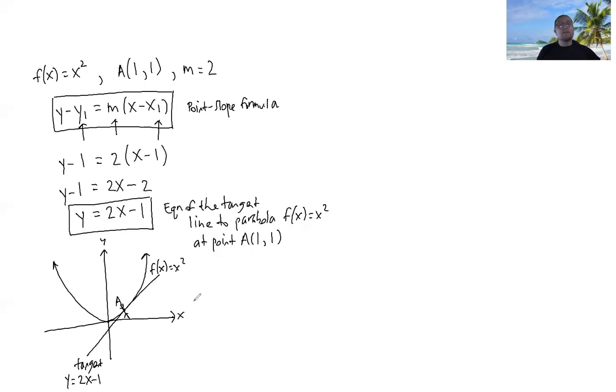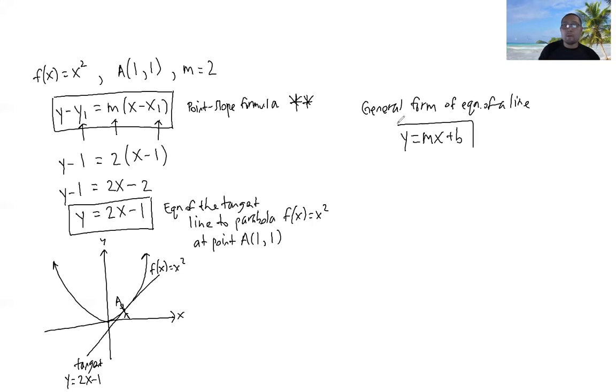Okay? And so do notice an additional thing about the form of this equation of a line. In addition to the point slope formula that we said is very important, the general form of the equation of a line is going to look like this: y is equal to mx plus b.